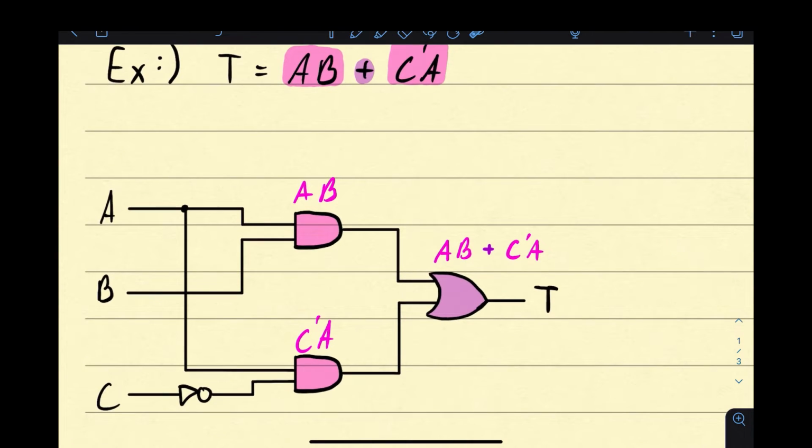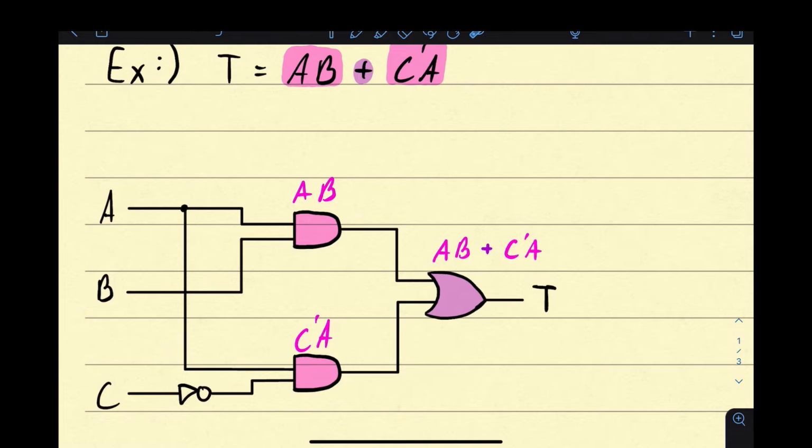So AND gates represent multiplication in this class, or digital design. So here you see I have A and B. These variables are being multiplied together in the AND gates.